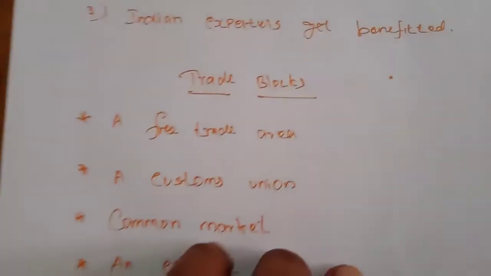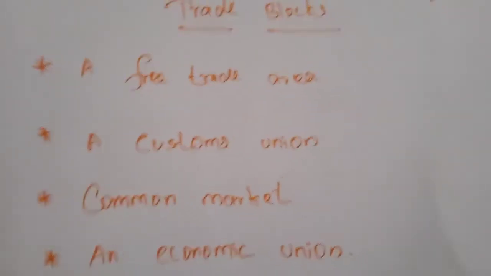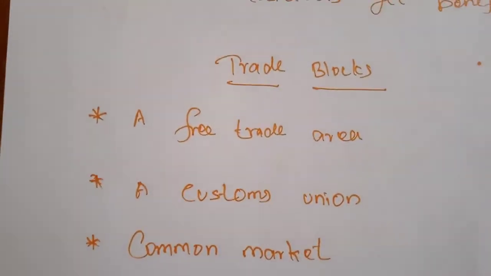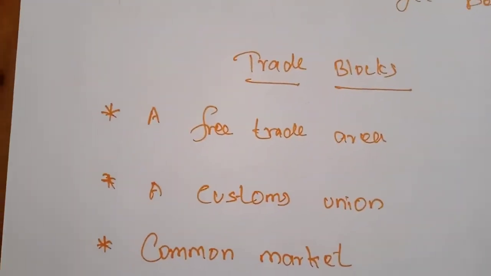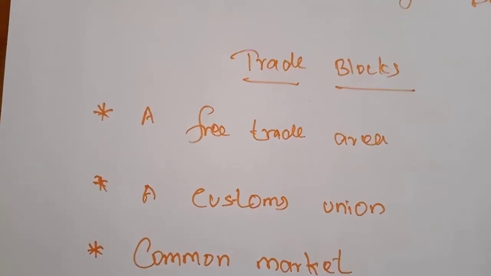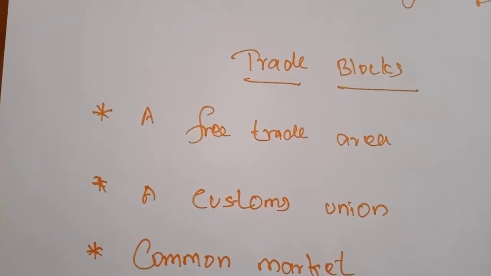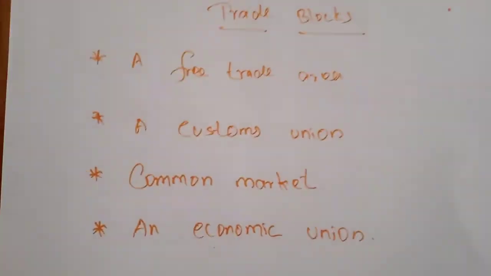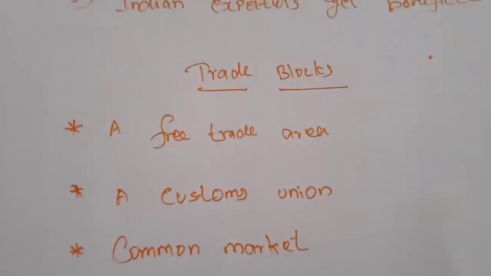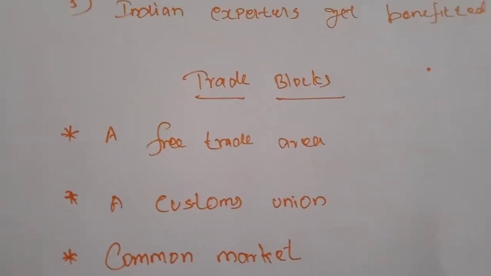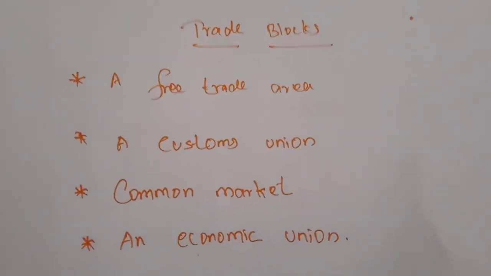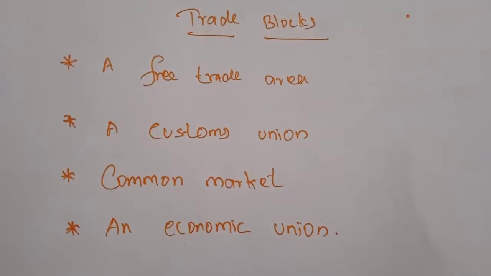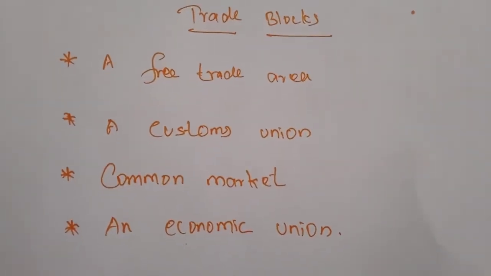Next, trade blocs. Some countries create business opportunities for themselves by integrating their economies in order to avoid unnecessary competition among them. Even with the World Trade Organization, all the nations still compete with other nations.